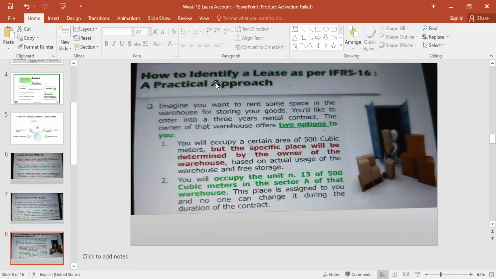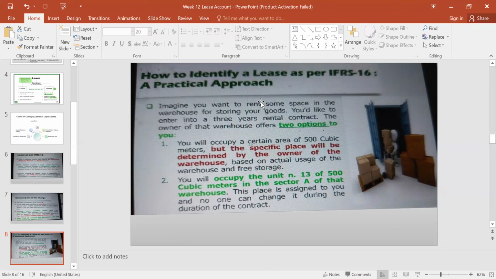Another point is how to identify a lease as per IFRS 16, a practical approach. If you want to rent a space, you must specifically record how much space you want to rent: 5 square kilometers, 200 square kilometers, or 500 square kilometers.